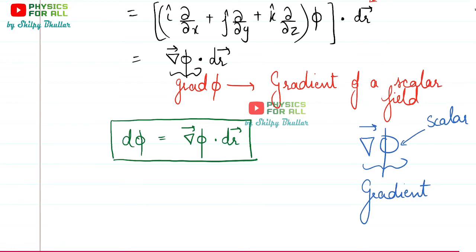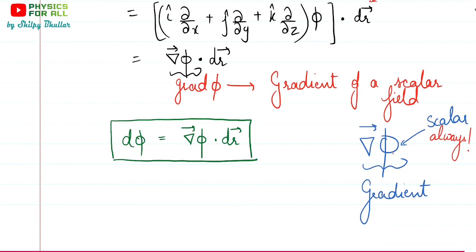Always remember that whenever another quantity is along with the del operator and there is no sign in between, that quantity would always be a scalar. See, there is no sign, nothing is there. So in that case, this particular quantity is always a scalar.